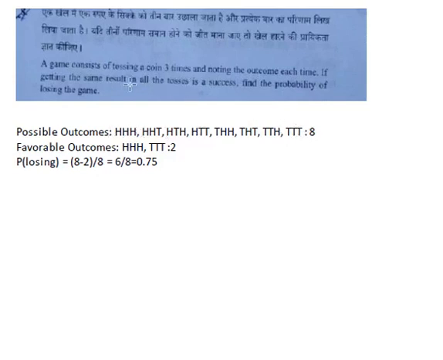The success outcomes are when all three results are the same, which can be either all heads or all tails. So 2 outcomes out of 8 are for success. That means for losing, there are 6 outcomes out of 8. The probability of that is 6 by 8, which is 3 by 4.